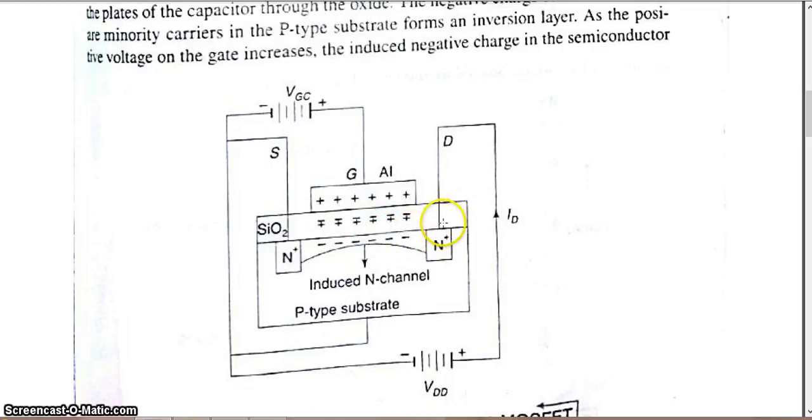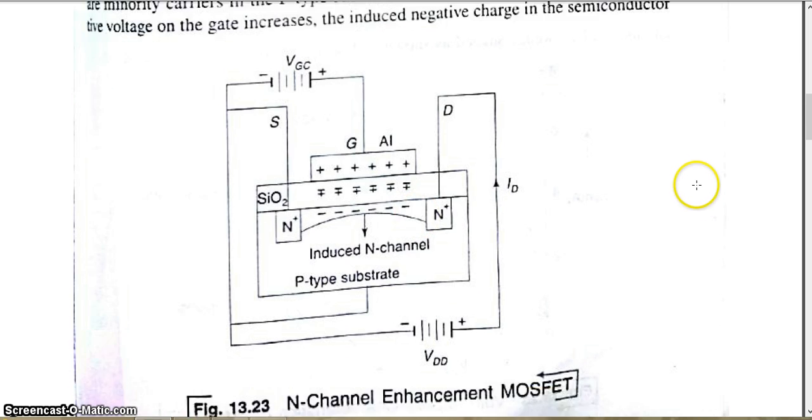That is, the current direction will be in this direction from right to left. And because this is N-type material, the number of electrons flowing from source to drain will be less. Because of that reason, the drain current will be very less in depletion mode type.